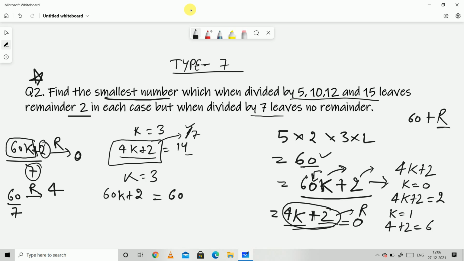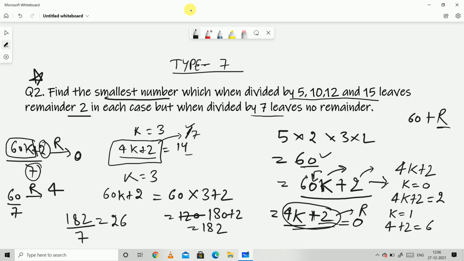If you put k as 3 in 60k plus 2, what you will get is 180 plus 2, and that is 182. So what will be my answer? 182. If you divide 182 by 7, it will go 7 2s are 14, and 42, 7 6s are 42.